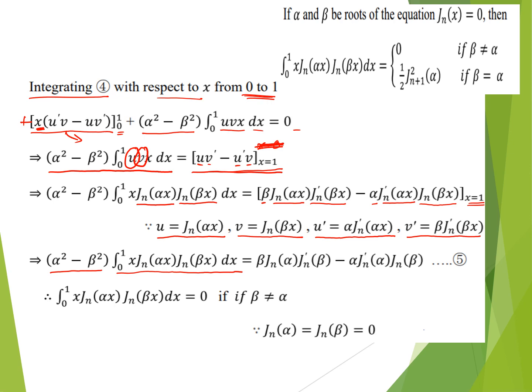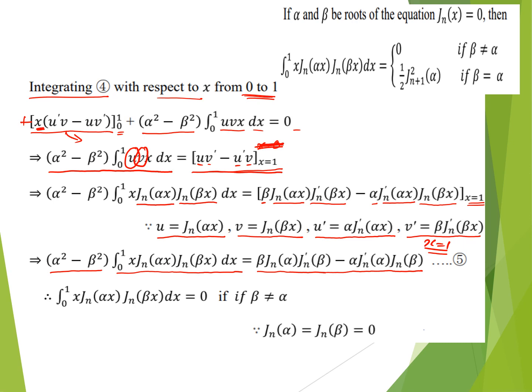For the right side portion we have this term beta Jn(alpha) Jn dash (beta) minus alpha Jn dash (alpha) Jn(beta), because the value of x is 1. Over here the value of x is 1, so x is eliminated.